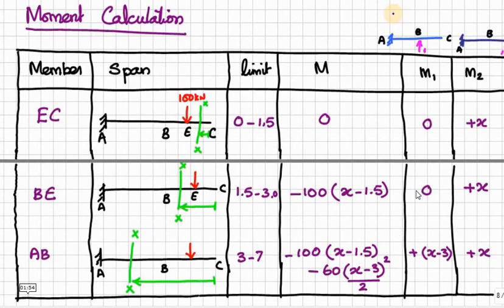Therefore the product of capital M and small m1 will be 0, so this part will not come into the picture. Only member AB will have a place in the expression. That means only the AB member has both capital M and small m1 non-zero.